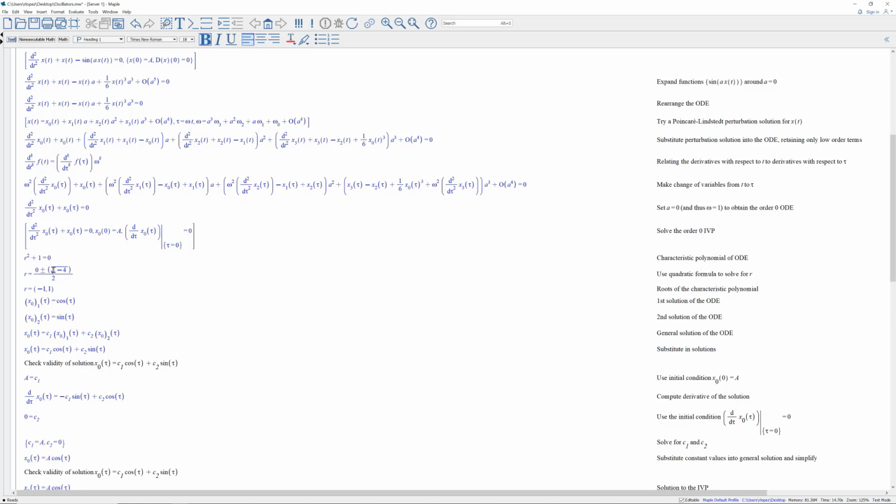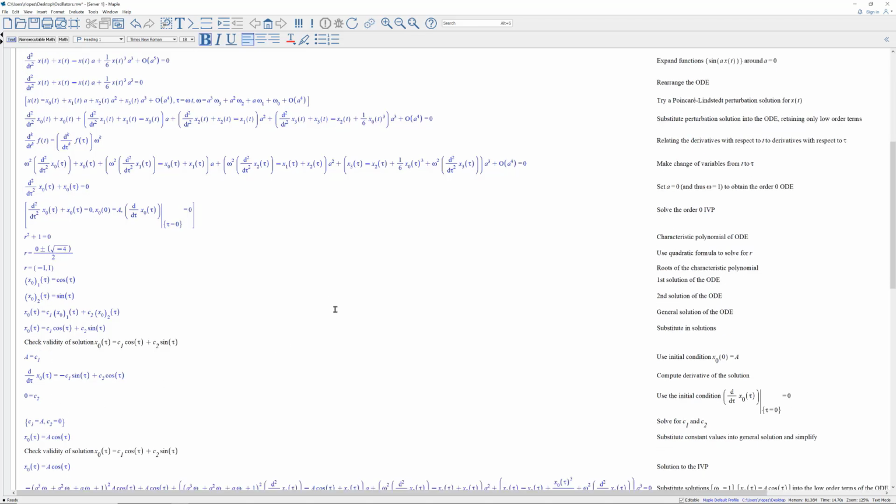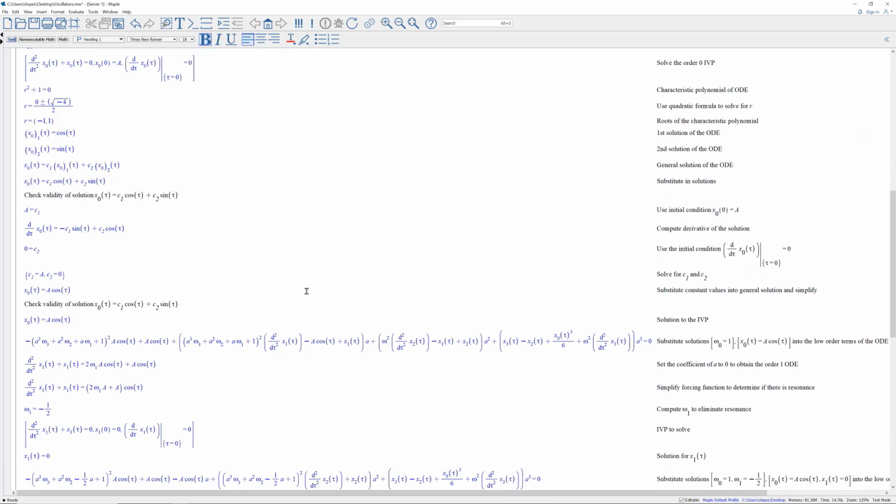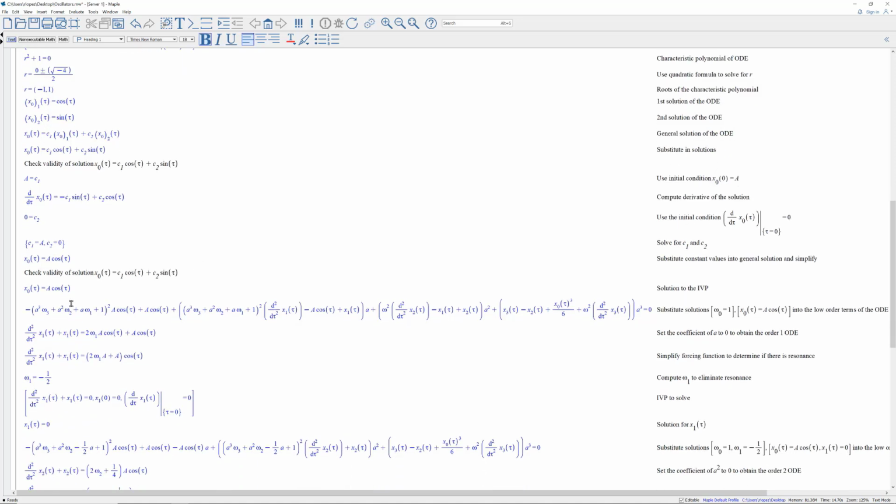And when you put all of the comments in between all of these steps, it fills the page. I wish there were a way that one could group these or break this down somehow. And there is even a check on the validity of that solution. And so you get this.